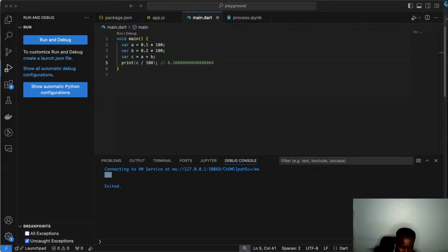So if you're dealing with money, please always remember to convert it into cents. Always store your amount in cents, in terms of whole numbers, and then at the point where you're displaying to your client, whether that's your front end or your user or whoever is using your system, you can always convert it back to the float or your fixed amount.